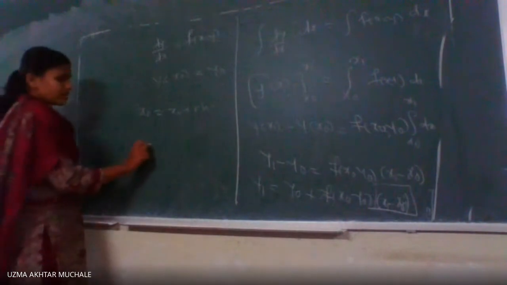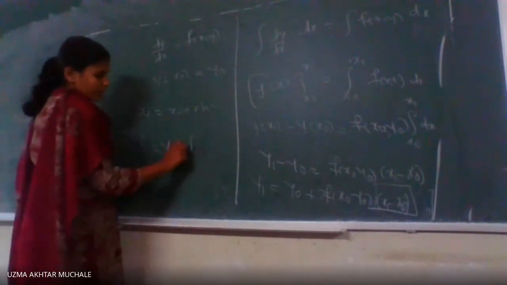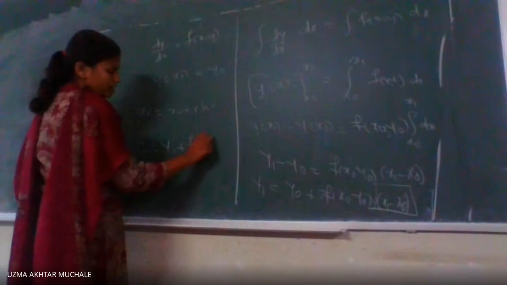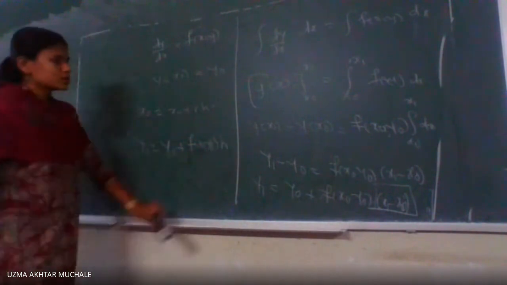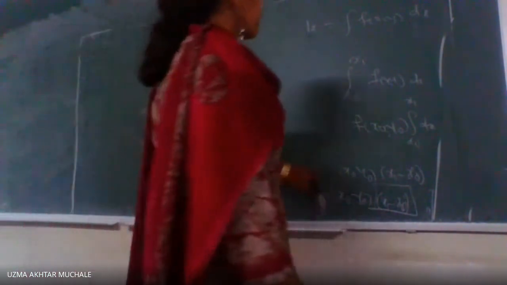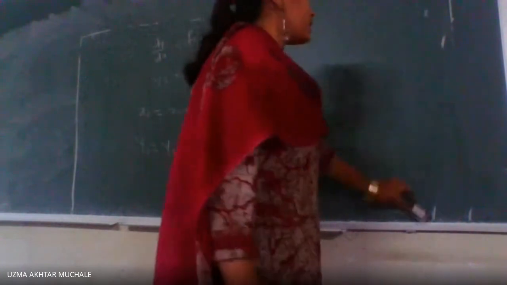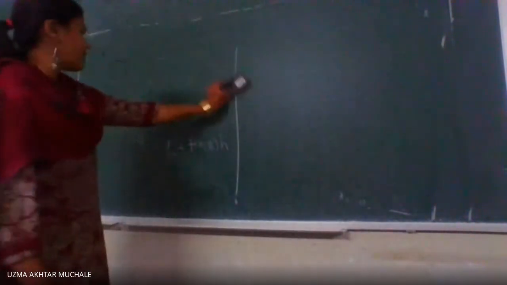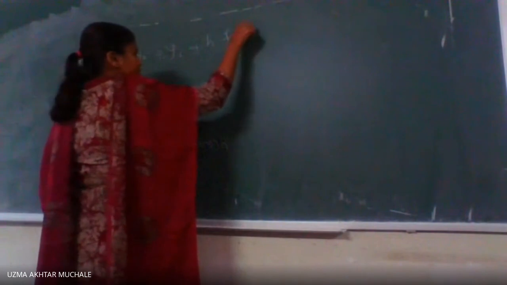So hence we can write y1 is equal to y naught plus f of x naught, y naught into h. So this is the formula we have obtained for y1. As we know the value of y0, which is given to us, with the help of the given value of y0 we can find y1. So we can generalize the concept. The value of y2 will be equal to y1 plus h times f of x1, y1.